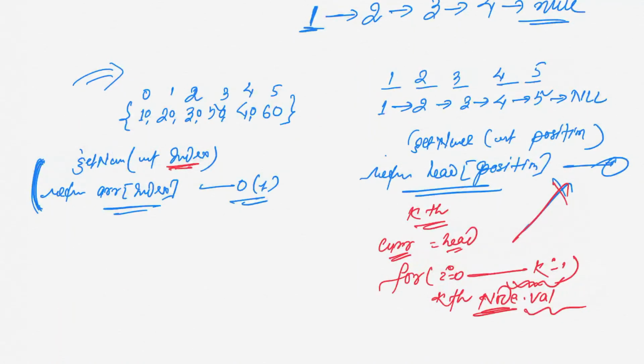Another benefit, and a challenge we face with the array: if I ask you to insert one item at the beginning or at the end, suppose I'm asking to insert 70 at the end and 9 at the beginning, with arrays these two operations are not possible in constant time.